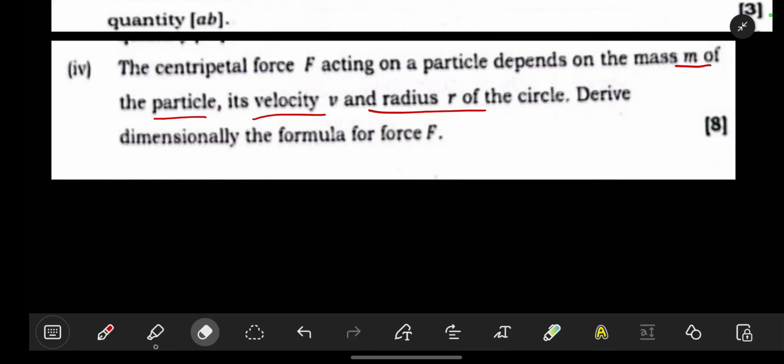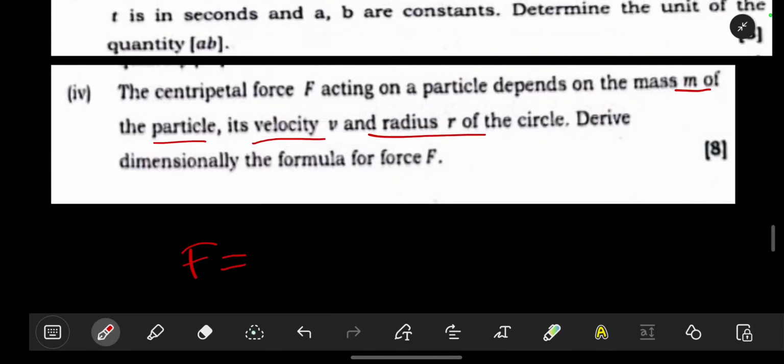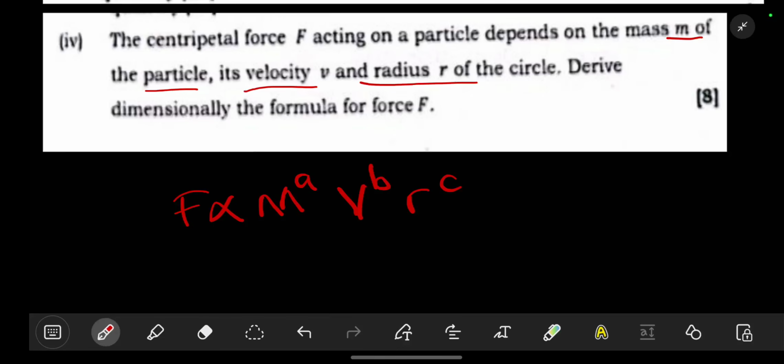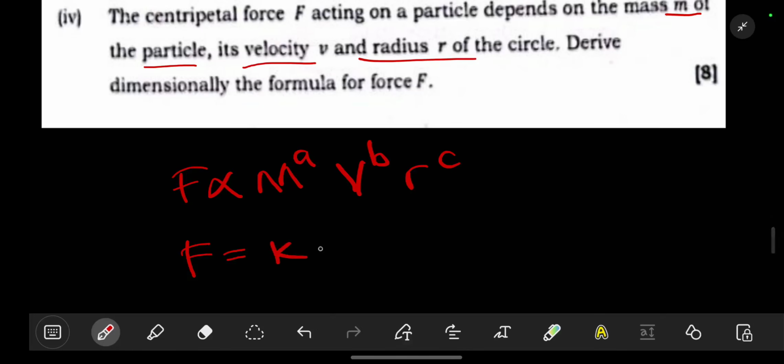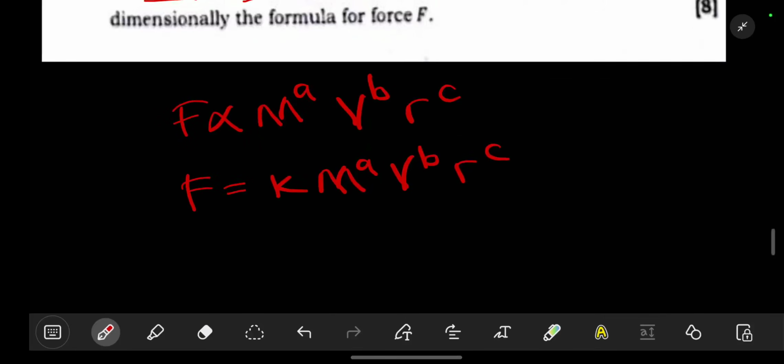So let's find this. Our force varies with the mass, so we are going to say mass to the power of A, then its velocity v to the power of B, then the radius r to the power of C. Therefore the force will be equal to K, mass to the power of A, v to the power of B, r to the power of C. We know force is equal to mass times acceleration, and the acceleration is equal to L t raised to the power negative 2, combined with the mass.